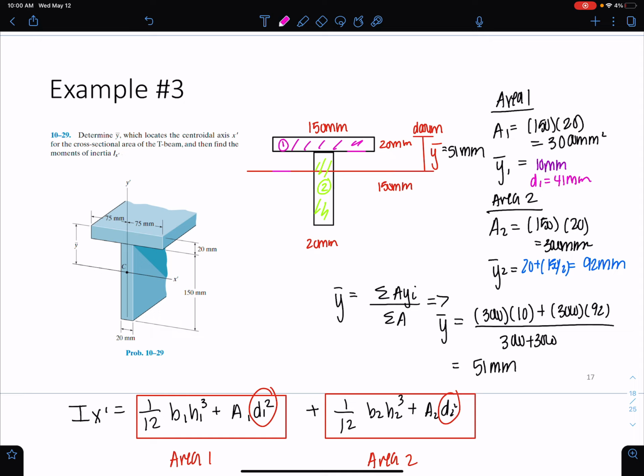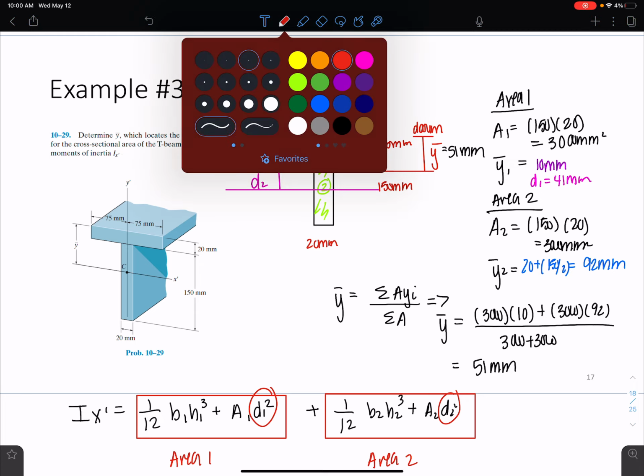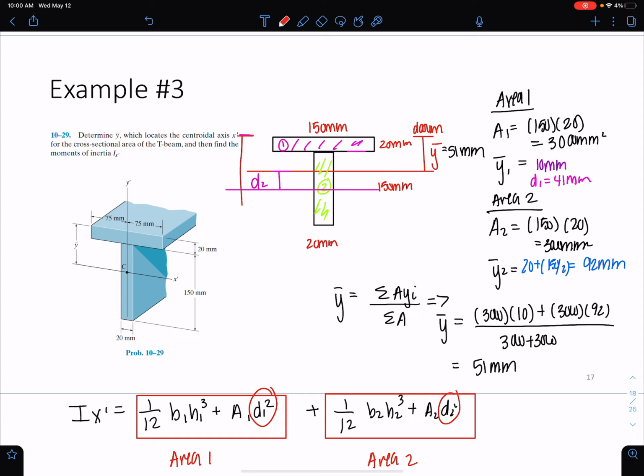So we want the center here. This is the d2 that we want. The whole shape's height is 20 plus 150, so we have 170.